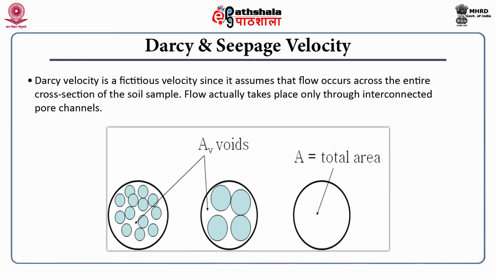So, you can see in this picture the section of the porous media, where this entire cross section is made of soil solids and soil voids. When the water flows across this section, it does not flow through the entire area A, but through the openings between the soil solids.